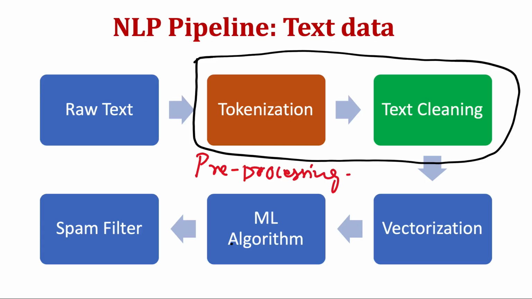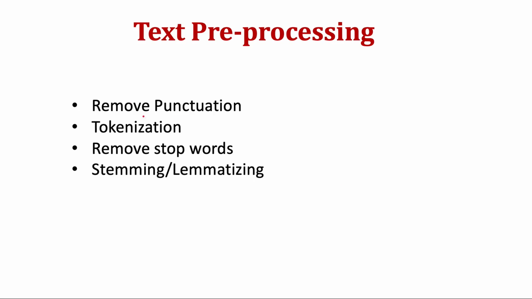So this pre-processing pipeline now will consist of various things like removing punctuations. Punctuation can be special symbols like full stop, single quotes, double quotes, dollar sign, percentage, and so on. So we need to get rid of those.